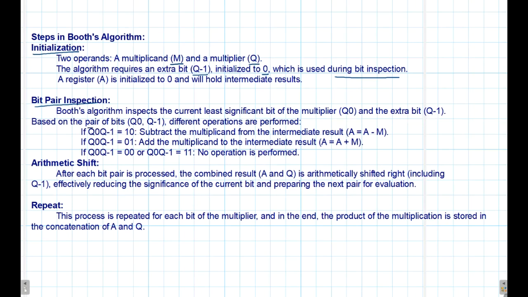Based on the pair of bits, if the value is 1, 0, we perform A minus M. If the value is 0, 1, we perform A plus M. If the value is 0, 0 or 1, 1, we perform no operation. Finally, after each bit pair is processed, we perform an arithmetic shift right of the combined A, Q and Q minus 1. We perform this process until the value of n becomes 0.